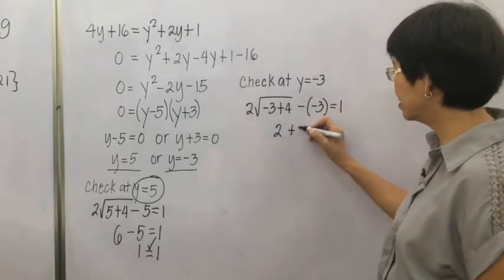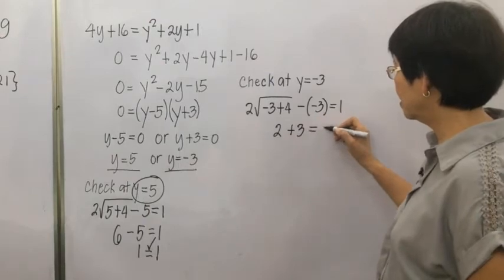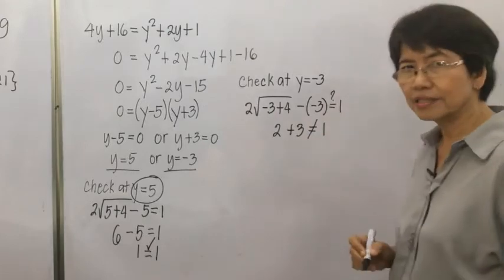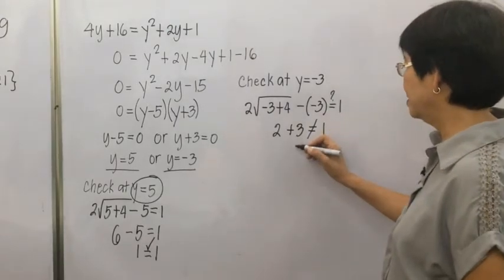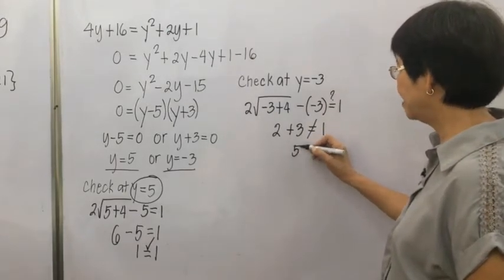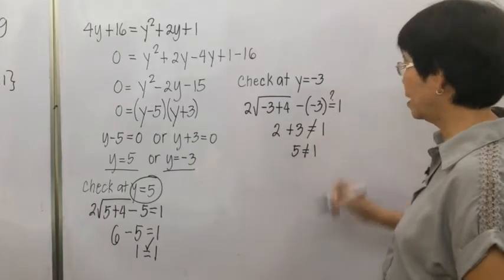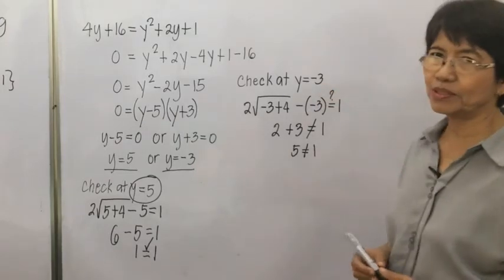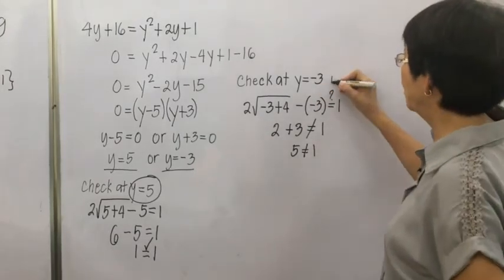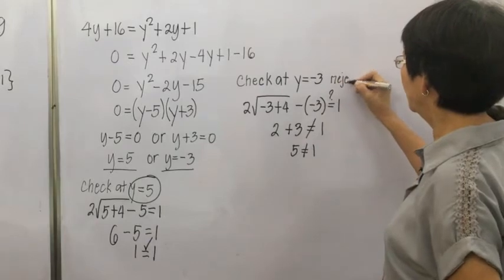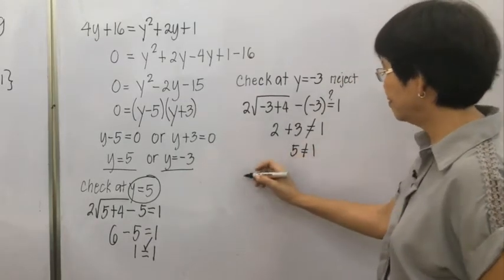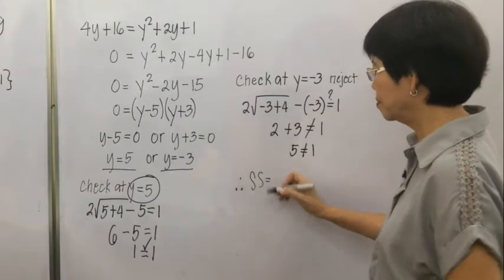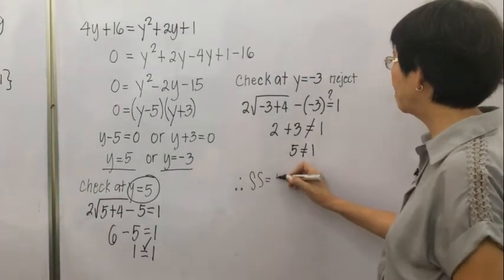So, we have plus 3 equals 1. But this is not equal. We have 5 is not equal to 1. And therefore, we have to reject the value y is equal to negative 3. And therefore, the solution set is y is equal to 5.